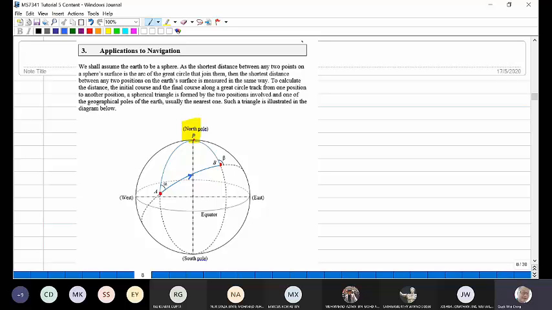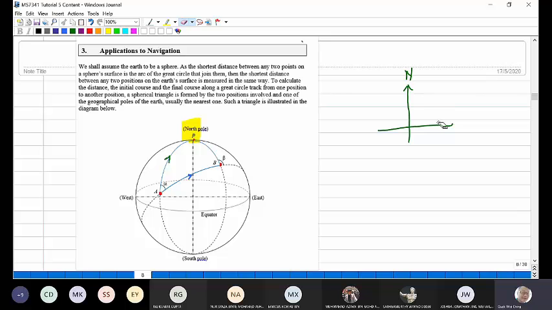Now you look at the connection from P to A along the great circle. From A to the North Pole, this is pointing towards the north. Normally we draw a picture in a plane.